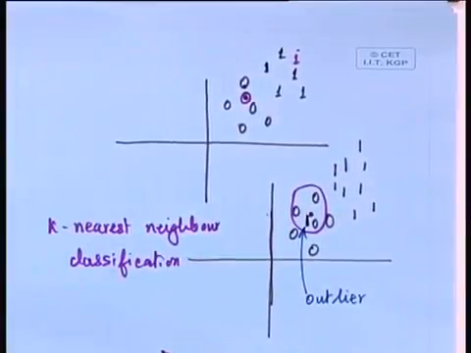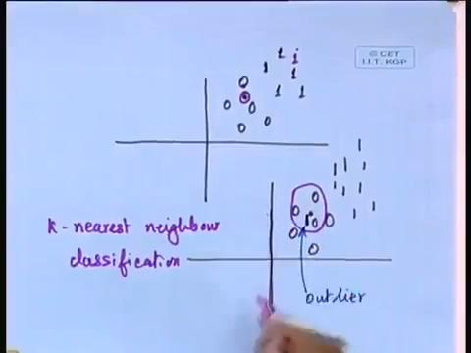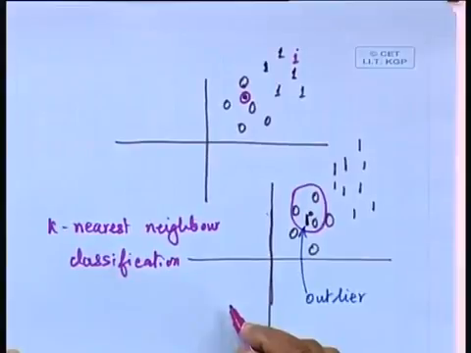And what is meant by k nearest neighbor is that we are not going to consider one neighbor, we are going to consider k different neighbors. Out of the k nearest neighbors, we are going to consult their D's.